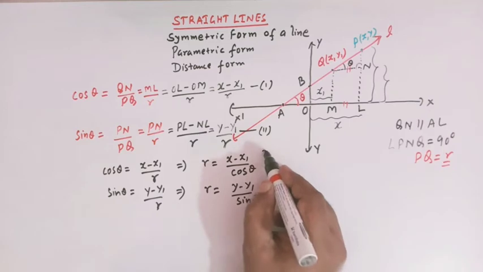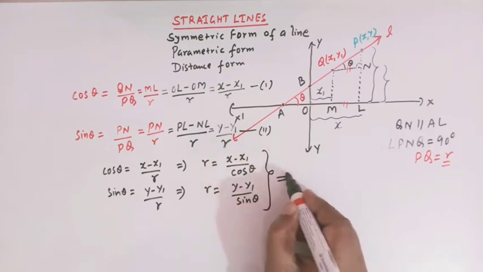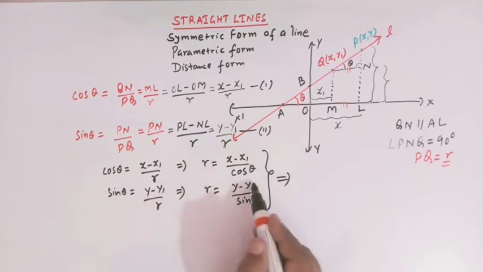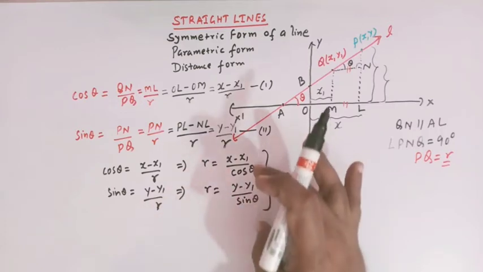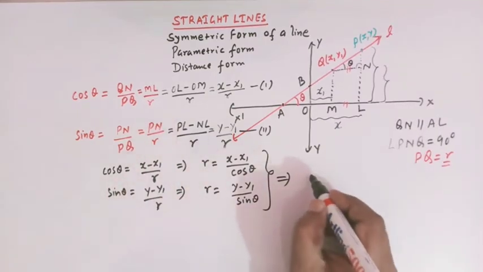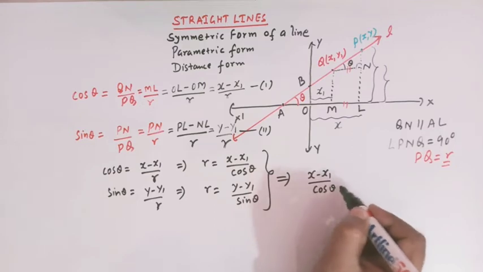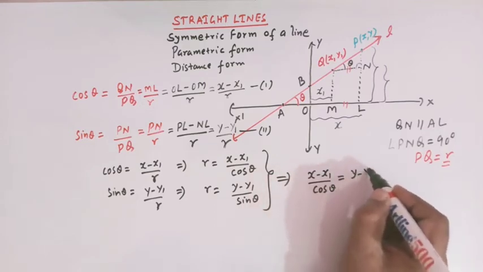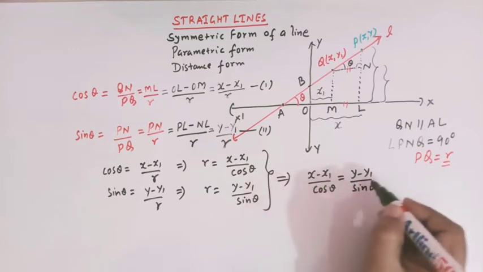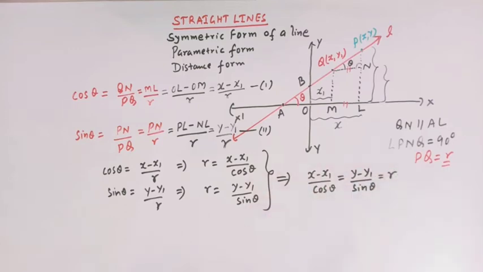Both these quantities are equal to r. So we can write x minus x1 over cosine theta is equal to y minus y1 over sine theta, and both these quantities are equal to r.